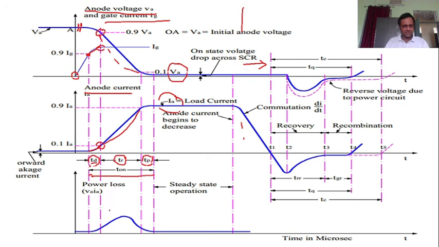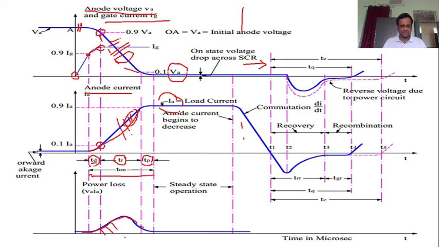Coming again to the turn on side, you can see here during turn on you have a finite amount of current and a finite amount of voltage across the switch. So if you are going to calculate the power loss during the turn on, you can plot this graph just by multiplying the values of V and I. This is your V, this is your I. You simply multiply these two plots in order to find out the turn on losses.